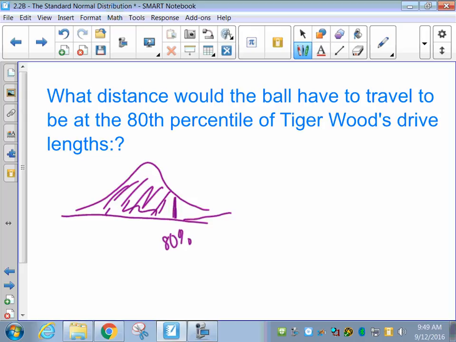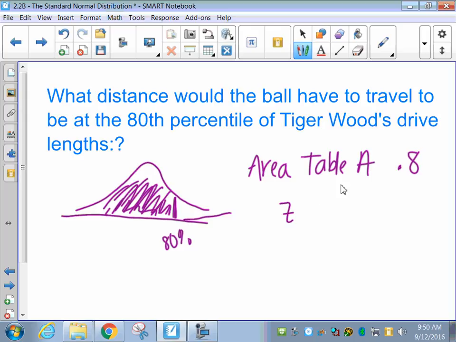So our z-score, what area are we going to look up on table A? For this one, we are going to look up 0.8 because it's left of it. All right, so we want to be 80% greater here. So this is left of that. So 0.8, you look for the area and you find the z-score that's closest, okay? It's not perfect, but closest to 0.8 is a z-score of what?